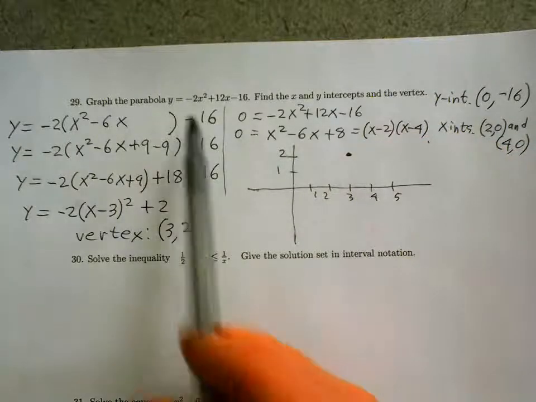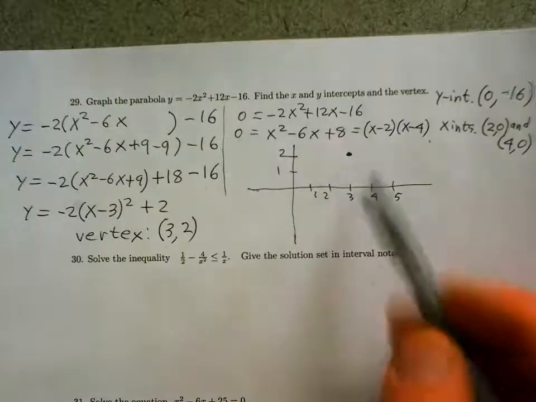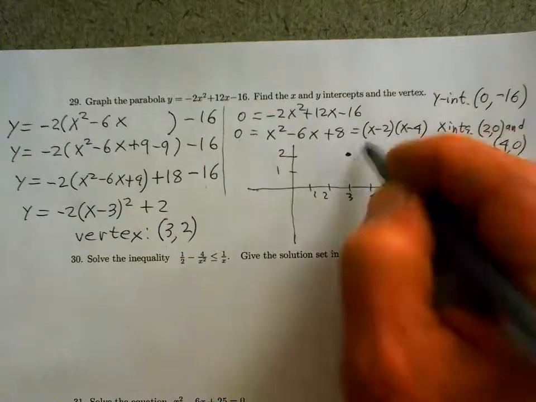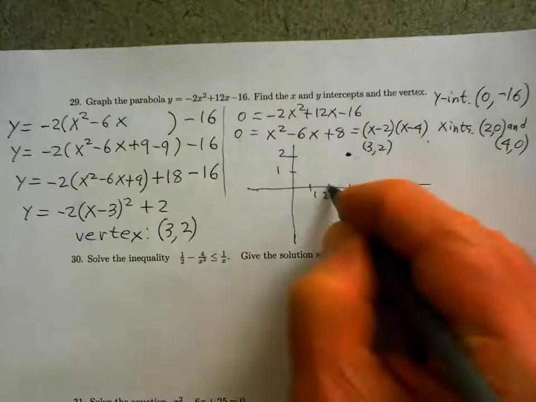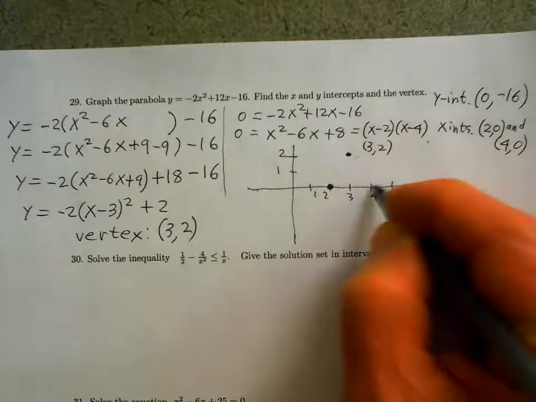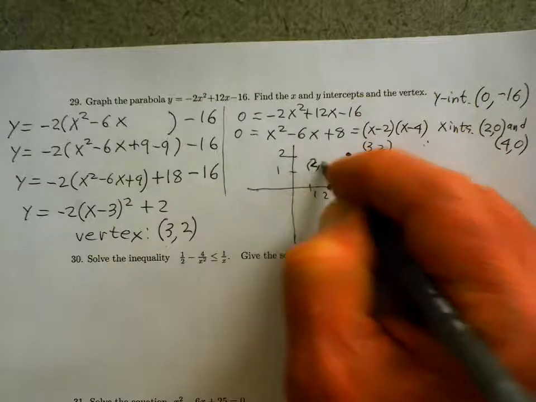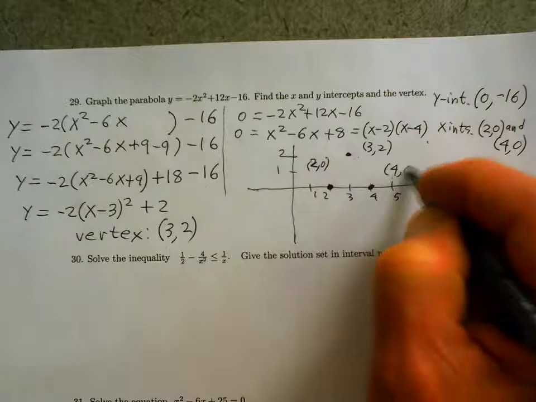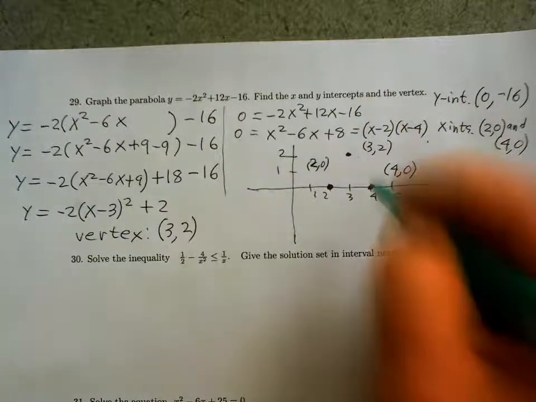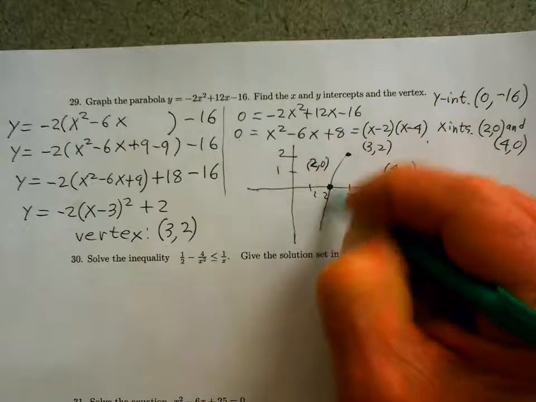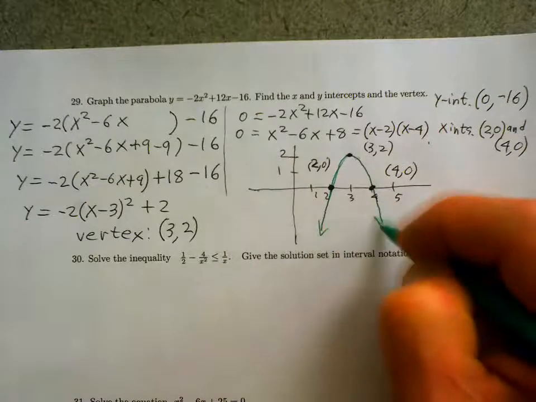We should know that the parabola opens downward. So this is the high point, 3, 2. One of the x-intercepts is 2, 0. The other one is 4, 0. Oops, 2, 0, 4, 0. And then you can draw the parabola that opens downward.